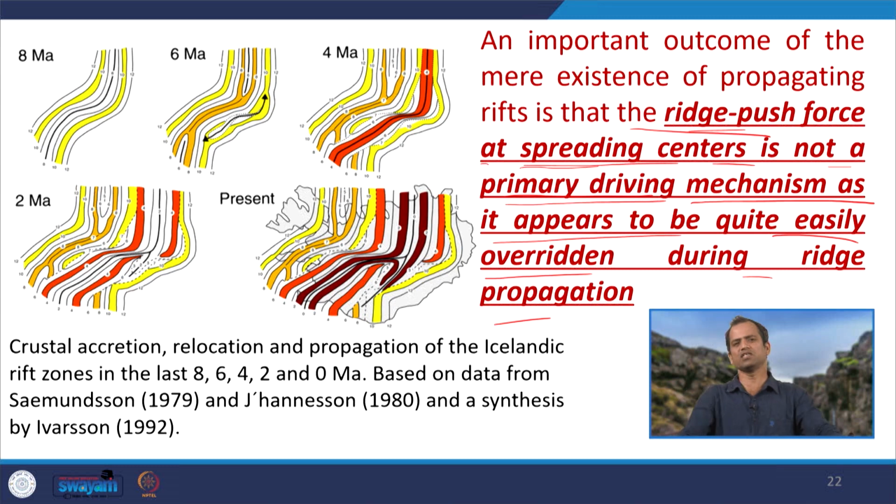During this ridge propagation, the ridge push forces are emitted. So, some other driving force is responsible for the development of the microplate and the reorientation of this propagating rift.